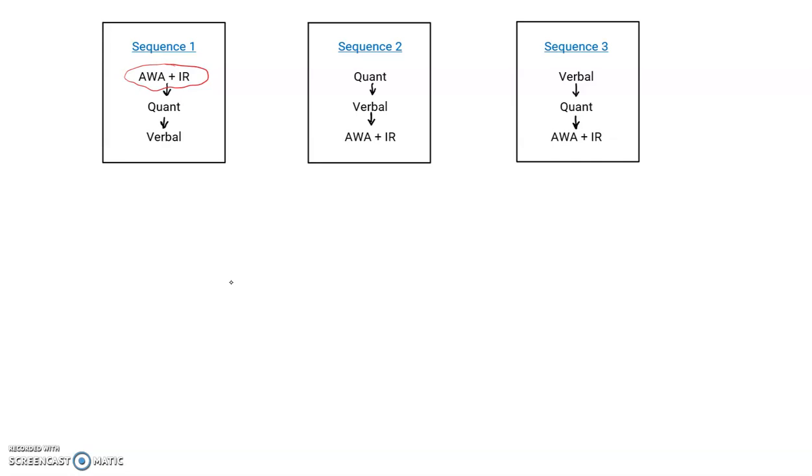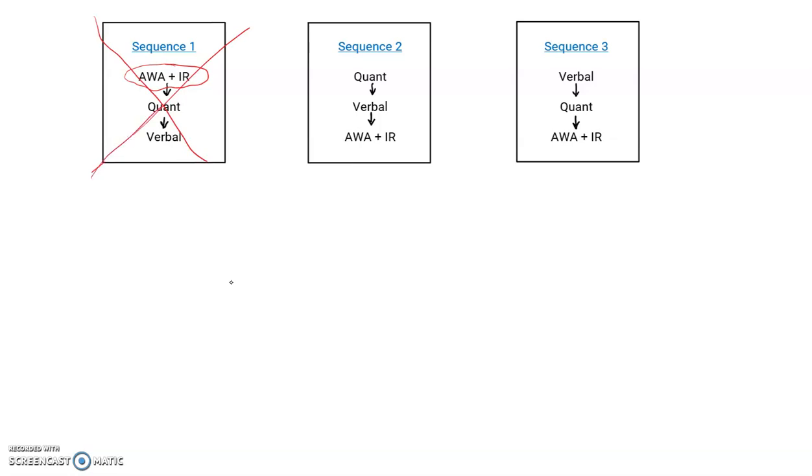I don't mean to say that AW and IR are not important, but clearly they are not more important than quant and verbal. If you start with AW and IR, you come to the test with a fresh mind and you're starting off with a section which is not the most important. You're probably wasting a lot of your mental energy there. By the time you complete AW and IR, you will be a little bit tired, obviously. So it doesn't make sense to go with this sequence, and that's why I'm going to reject it right away.